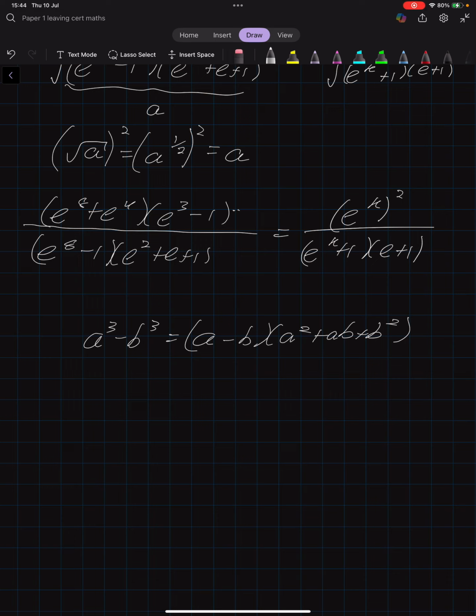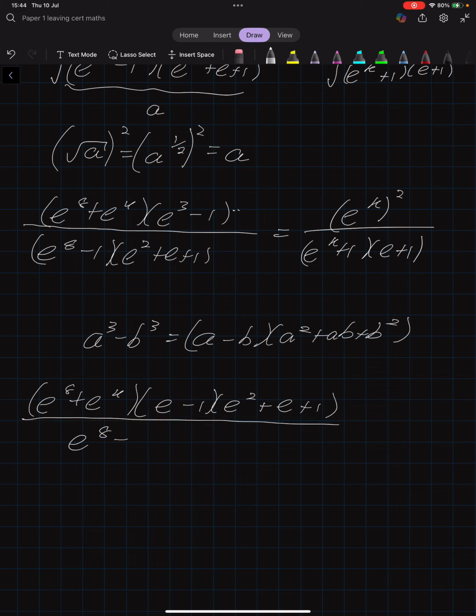So now I can replace that with e to the 8 plus e to the 4 times e minus 1, e squared plus e plus 1, all over e to the 8 minus 1, e squared plus e plus 1. And that's again equal to e to the power, so here you can multiply powers, so it's e to the power of 2k all over e to the k plus 1 times e plus 1. Like that.